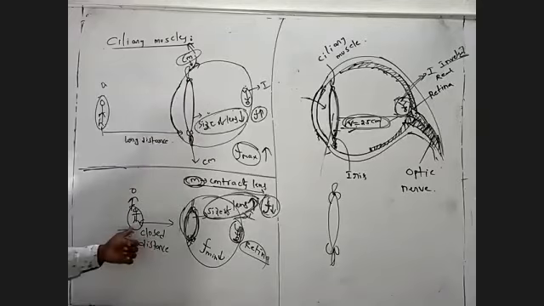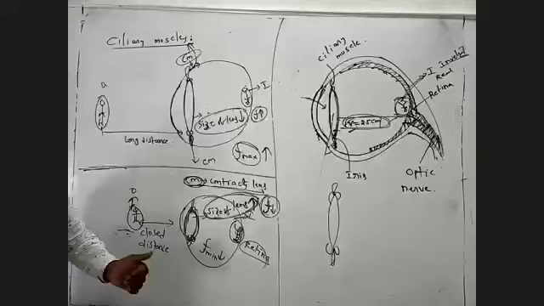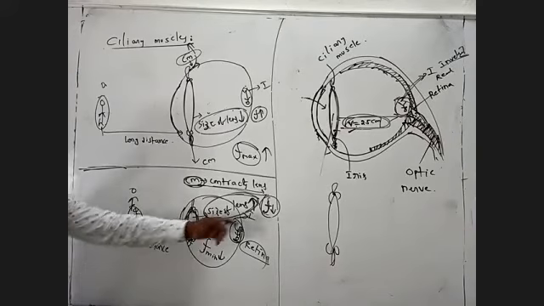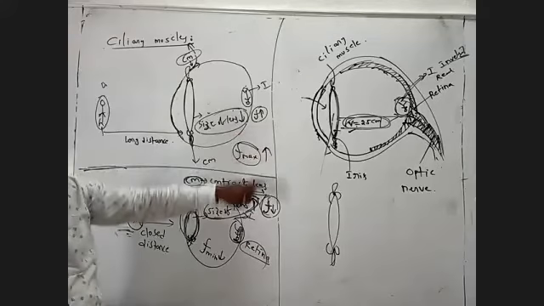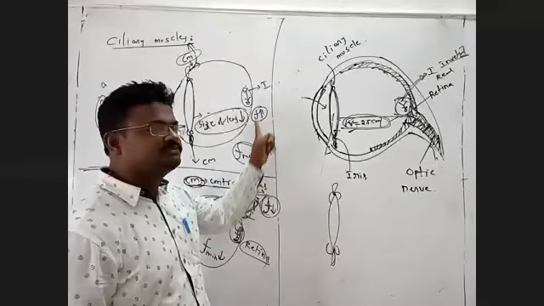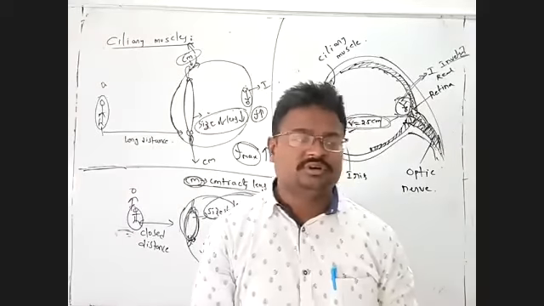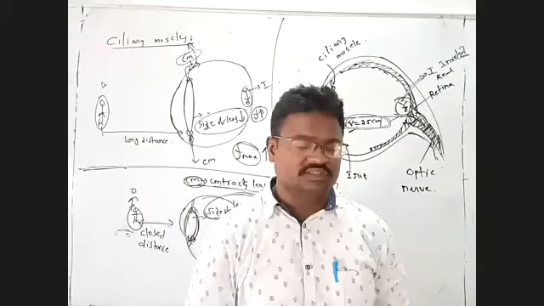When the object is very near, the focal length of the convex lens decreases. This is a maximum and this is a minimum. So we have a limit of focal length of the convex lens.